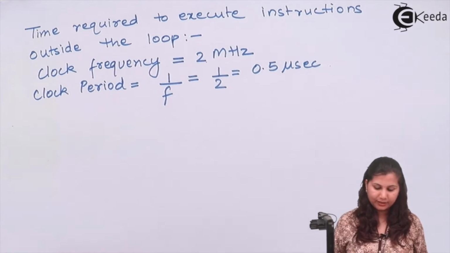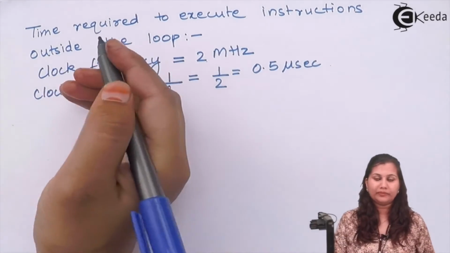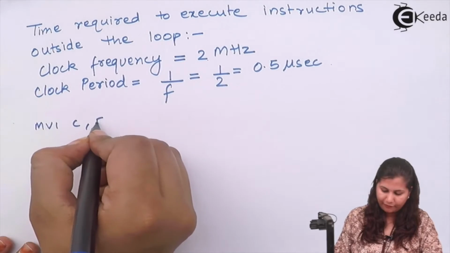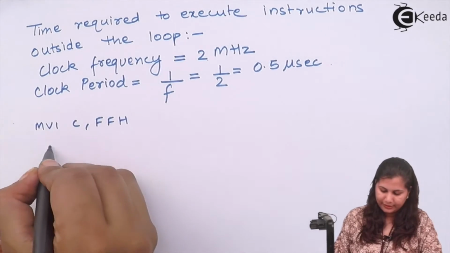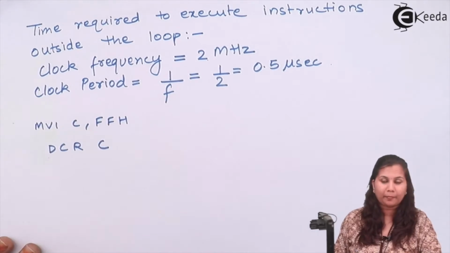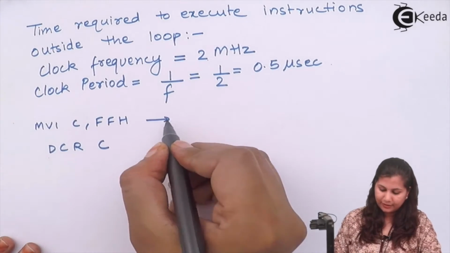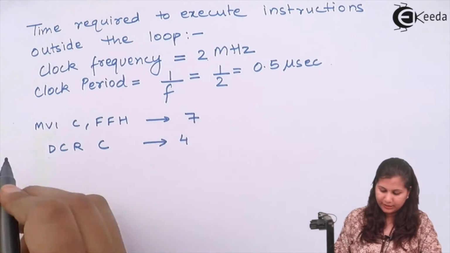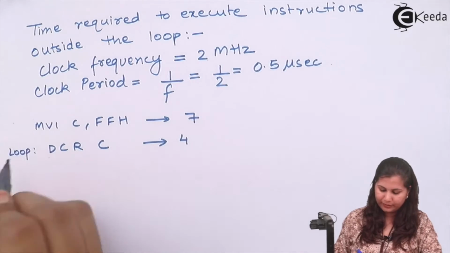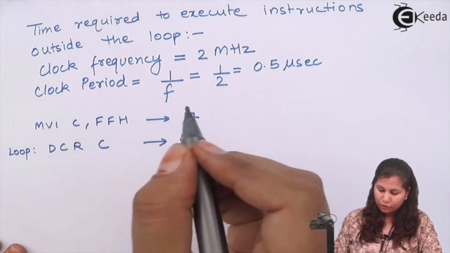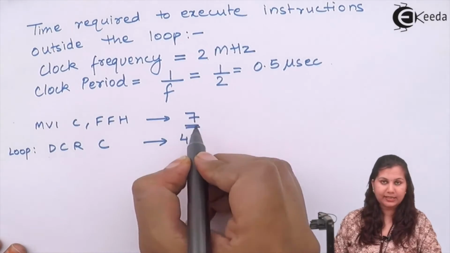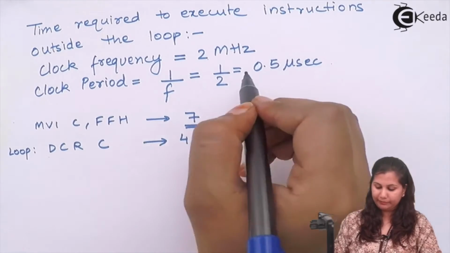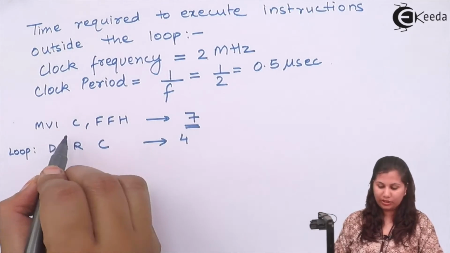Now outside the loop we have the instructions MVI C, FFH and DCR C. The MVI instruction is taking 7 T states, and DCR C is taking 4 T states. DCR C is inside the loop, where the loop starts. So outside the loop we have 7 T states. 7 into 0.5 will give us the total time taken to execute this instruction.